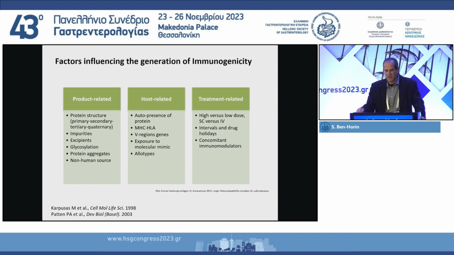So we're getting much less of this product-related immunogenicity that probably was a dominant one with infliximab and adalimumab as the first biologics. There are also host-related factors, and you're all aware of the PANTS study showing a specific HLA is more associated with immunogenicity, and this may be true for other host features, such as allotypes of Fc receptor, for instance. And there are treatment-related factors, which are the most commonly ones that we refer to, such as interval and drug holidays, concomitant immunomodulators, and whether or not high or low dose can change the immunogenicity profile.